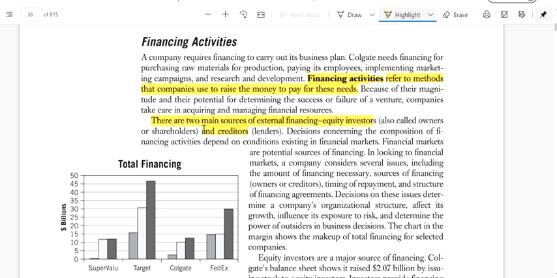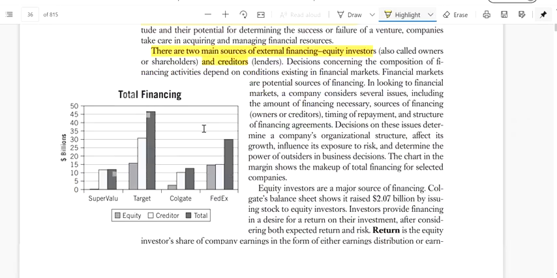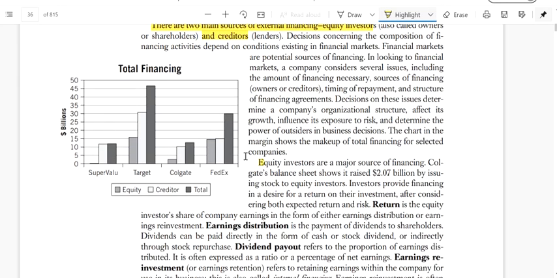So equity investors, also called owners or shareholders. Creditor is the lenders lah. Okay, equity investors are major source of financing. Kena ada dua, equity dan juga creditors. So antara dua financing ni, equity ialah main source of financing untuk setiap company.